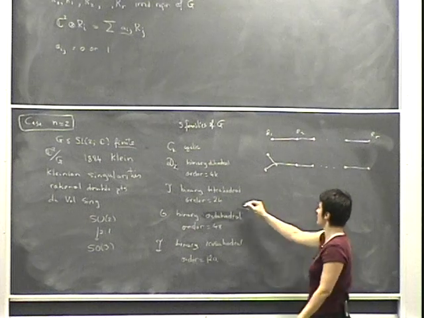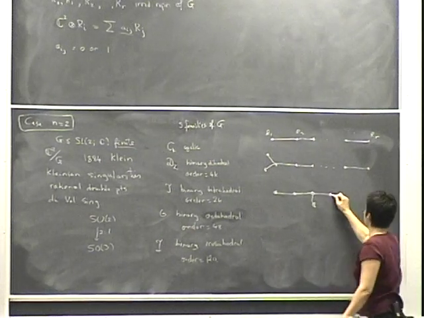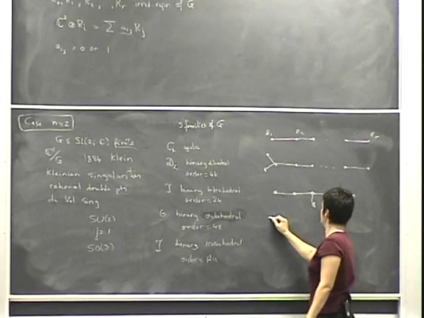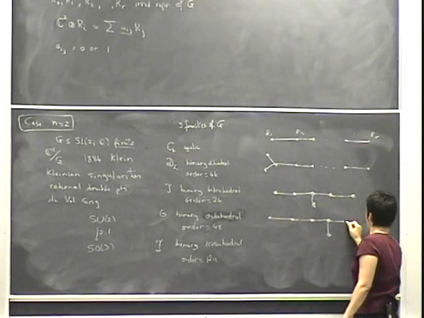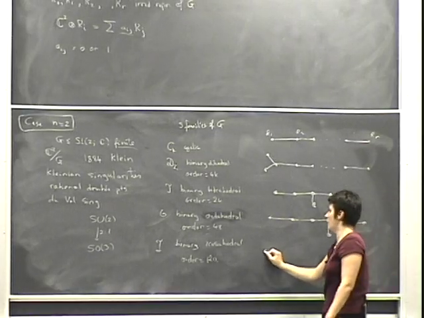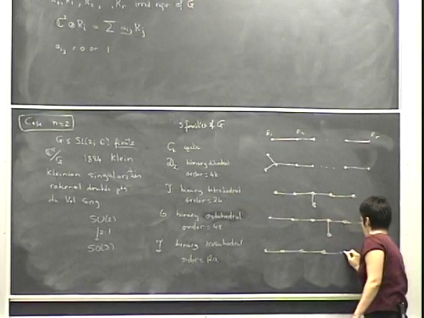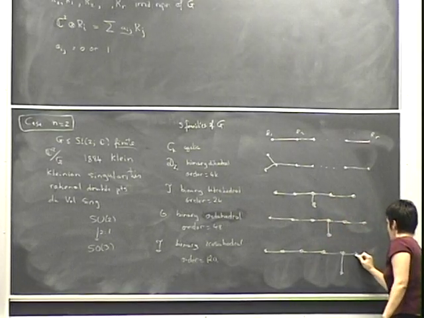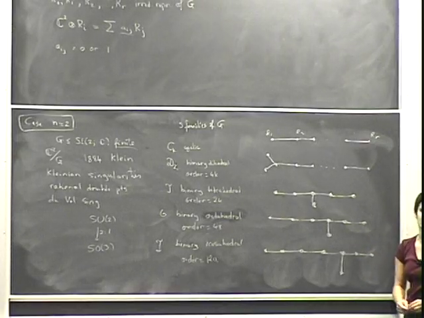In the tetrahedral case, we'll get this, the octahedral case, this, and in the icosahedral case, we get this. And these are exactly the simply laced Dynkin diagrams.